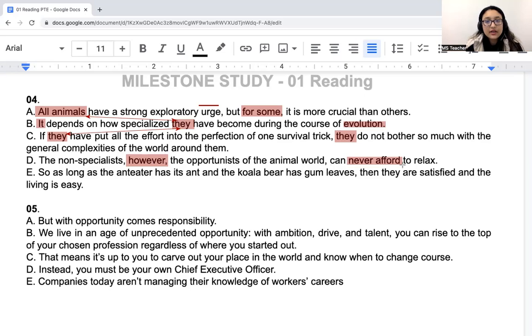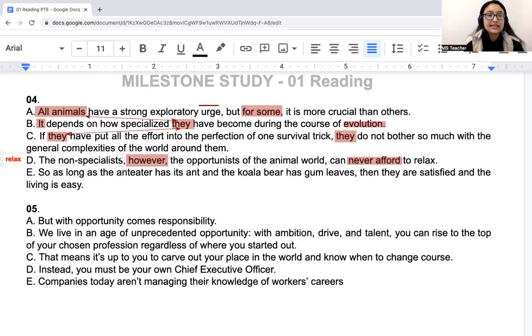Now, again, another hint. Why are they using the word however? The opportunist can never afford to relax. That means there are some people who are relaxing. So before D, we need to find a sentence which says that they can relax. The specialist can relax.